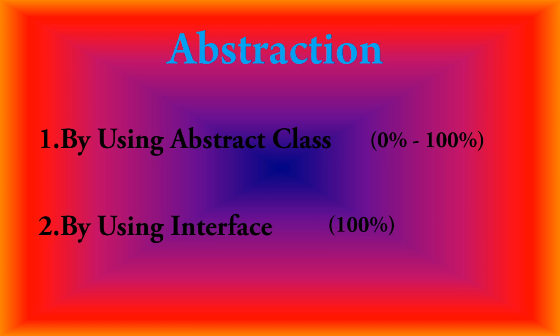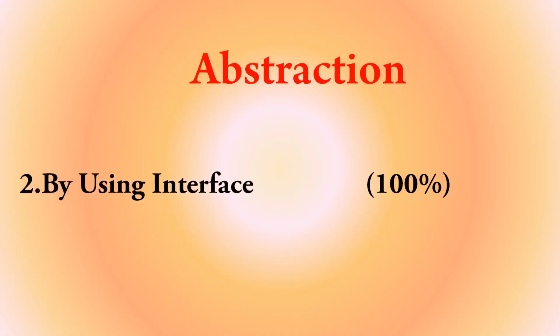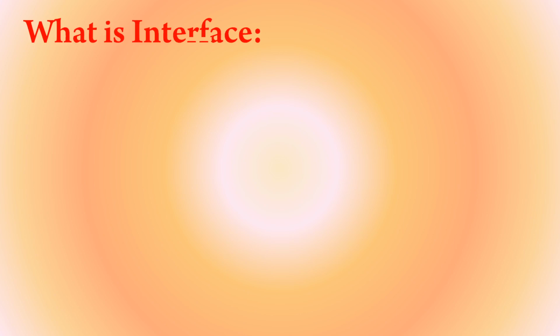By using an interface we can implement abstraction, and the abstraction percentage is 100% by using an interface. So today in this video we will see how we can implement abstraction in Java using an interface. Abstraction implemented in Java by using an interface is 100%.